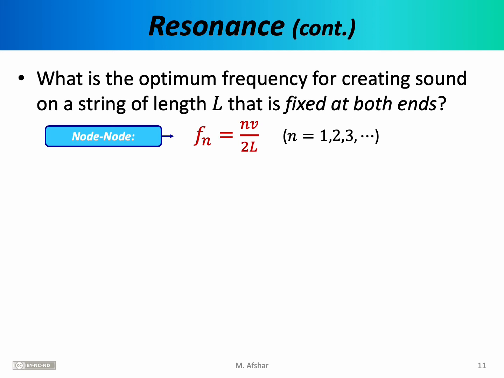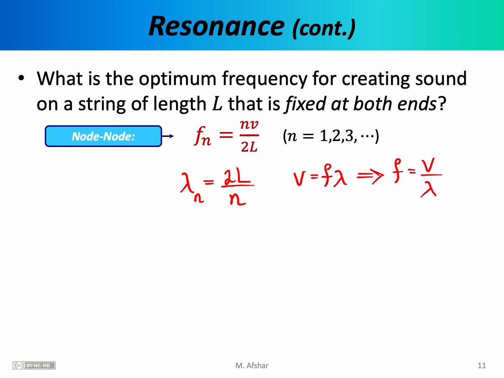Notice that this formula essentially comes from formulas that you've already seen before. You've already seen that for node-node boundary conditions, the allowed wavelengths are 2L over N. You've also seen that wave speed for any kind of a wave is equal to frequency times wavelength. So rearranging this formula, we find that frequency must be equal to V over lambda.